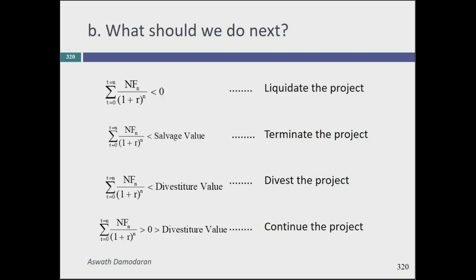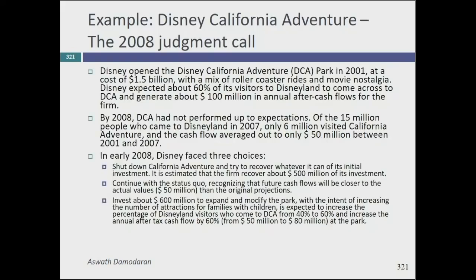So let's take an example. I don't know whether any of you have been to Disneyland, but the original Disneyland in Anaheim had only one theme park, Magic Kingdom. And then about 20 years ago, Disney built California Adventure. The original idea was to build an amusement park with the California theme, and they were expecting about 60% of the people who went into Disneyland, because if you've ever gone to Anaheim, the theme parks are actually right across from each other.